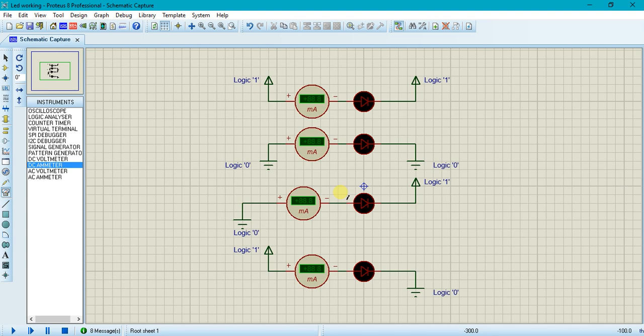The current flows in the reverse direction, and that current is called leakage current. Since it is in the reverse bias condition, no photons are emitted, the LED is off and no light gets emitted from the LED.